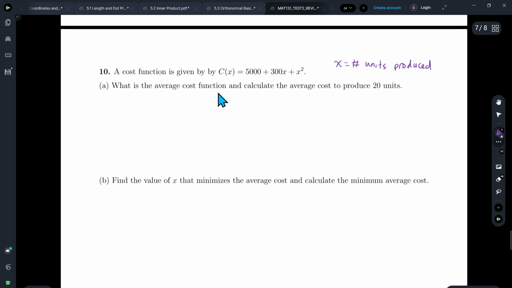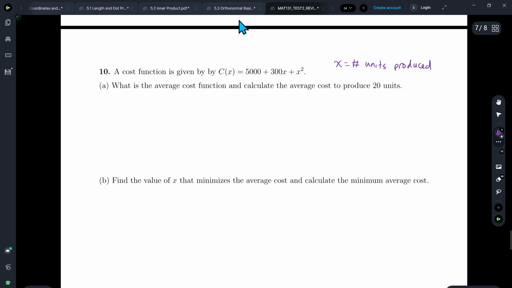average cost function, so when you average something, it means you total everything up and then divide by the number of things, right? So here the total is the total cost, and the thing we want to divide by is the number of units.